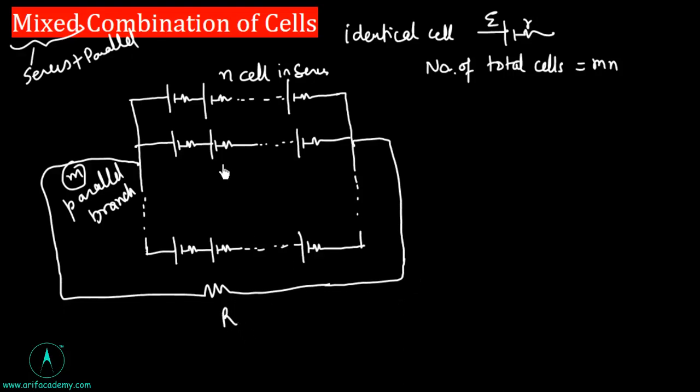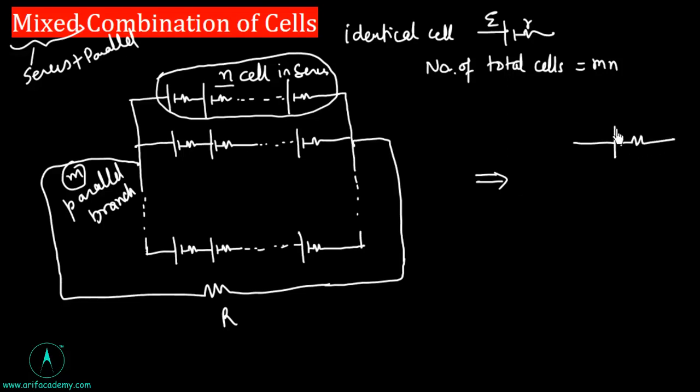R. So this series combination of n cells can be replaced by a single cell whose EMF will be nE and internal resistance nR, because all these resistors are in series.